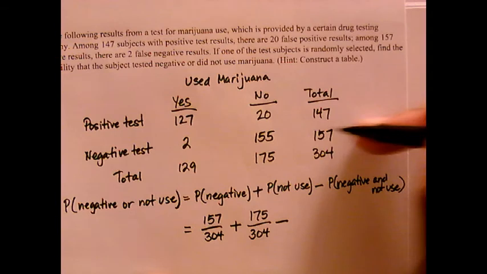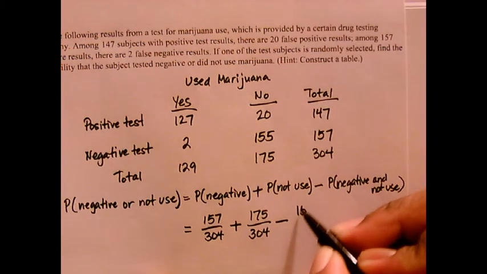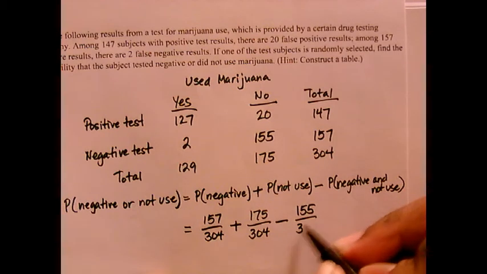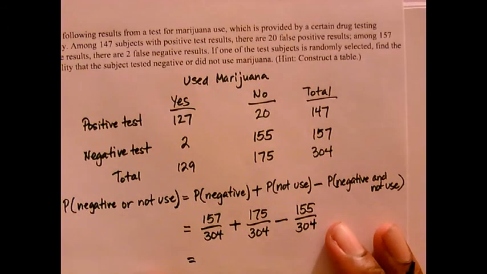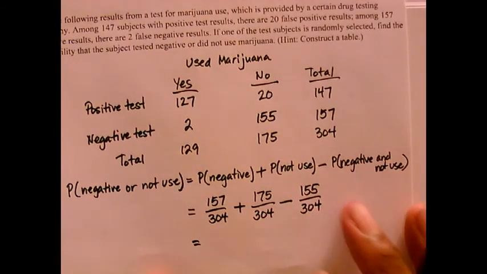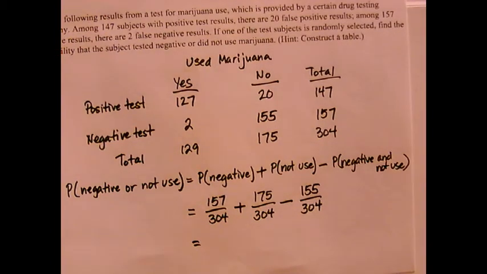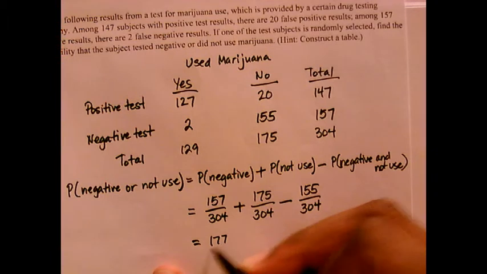The number that's in the intersection of those 2 is 155 out of 304. Okay. So now if we take the sum of 157 and 175 and subtract 155 from it, you're going to get 177 out of 304.